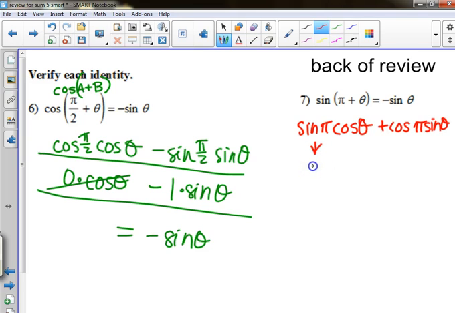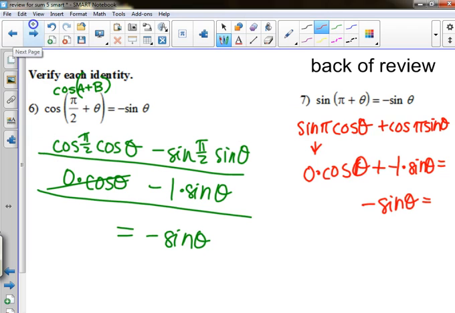This would trade out for a 0. And cosine of pi is -1 again. So does that simplify down to what it was supposed to? Okay. So I wrote it in a way that leads you through those steps. I don't remember exactly what it looks like on the quiz. And they're not all negative sine theta, by the way. Both of those two just happen to be.